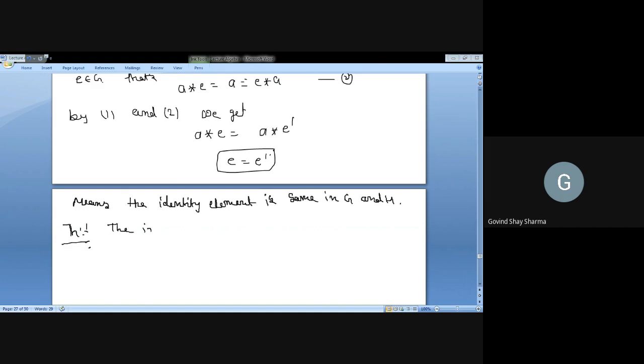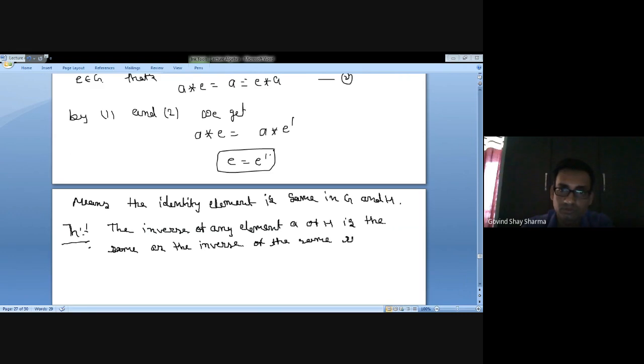The inverse of any element A of H is the same as the inverse of the same element regarded as an element of G. What is the meaning of this statement?